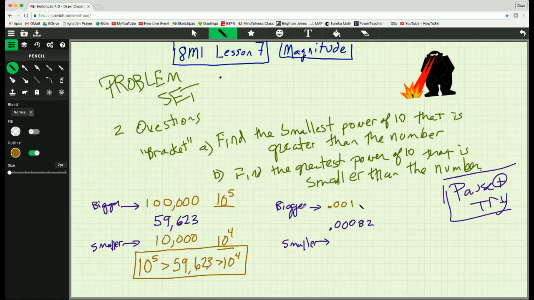So this number here is going to be just bigger. And smaller is going to be one digit to the right of my bigger number. So that number is just smaller. So this is 10 to the negative 3, and this is 10 to the negative 4.